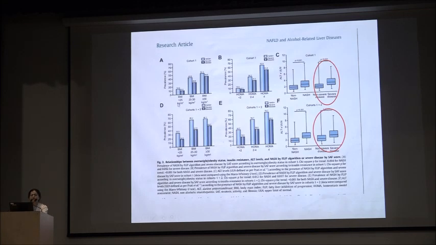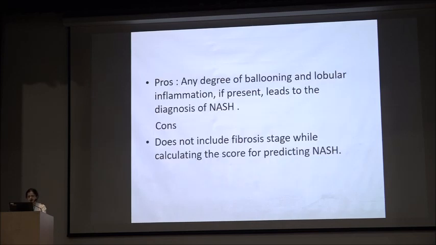In this study, the increasing level of disease activity as scored by the SAF parameters was associated with increasing BMI in both cohorts, also with increasing insulin resistance in both cohorts, and severe activity was associated with higher levels of transaminases in both cohorts, implying that disease activity correlates well with increasing BMI, insulin resistance, transaminases and fibrosis in the patients.